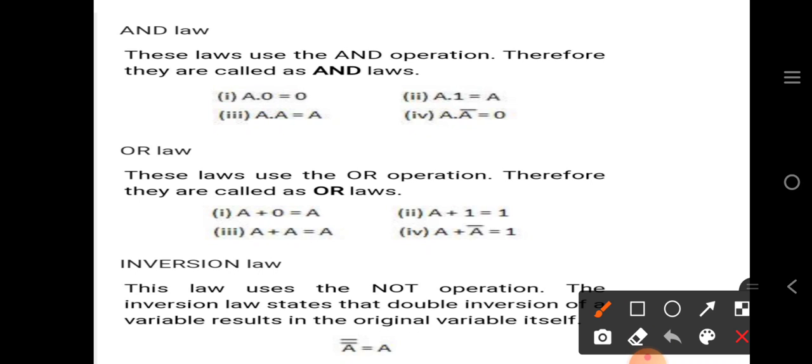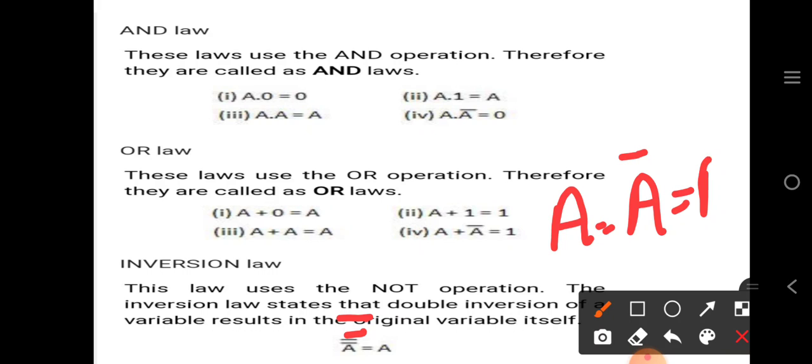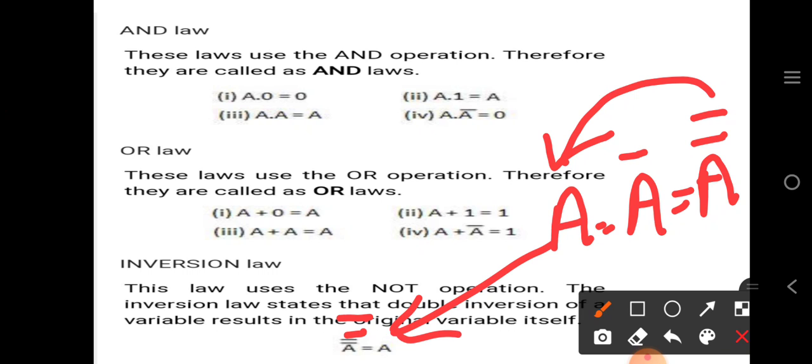Here we have taken the double bar on A. If you take the inversion of A, you get A bar. If you take the inversion of A bar again, it comes back to the initial point, that is A. So the same law is represented here: A double bar is equal to A.